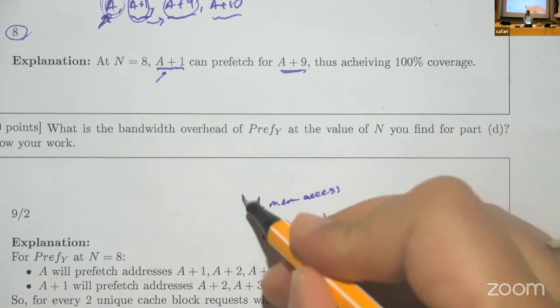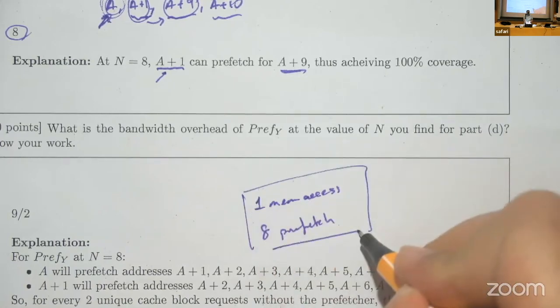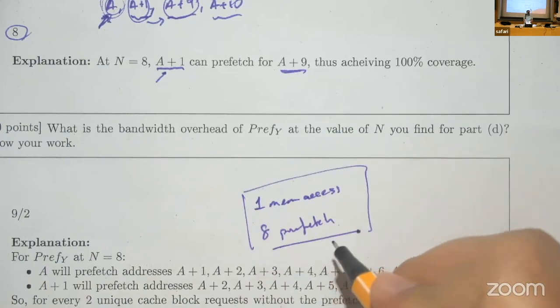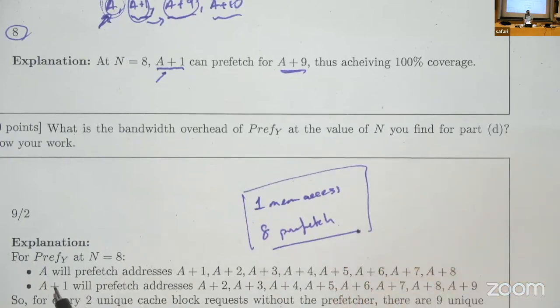So this is basically what changes with the prefetcher. If you look at this, accessing A will prefetch all of A+1, A+2 up to A+8. And then once you have A+1 access, this will create prefetches for A+2 to A+9.